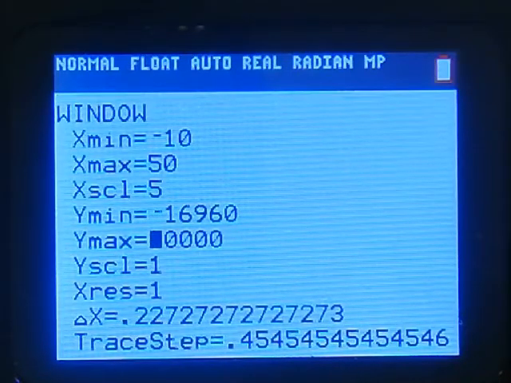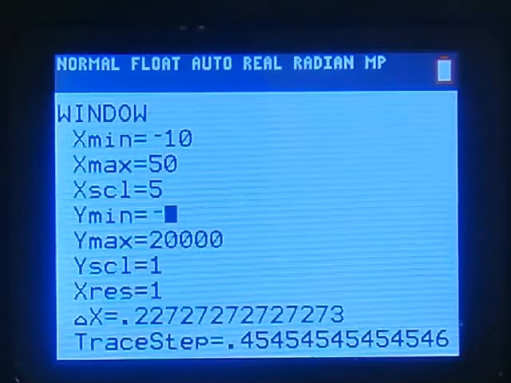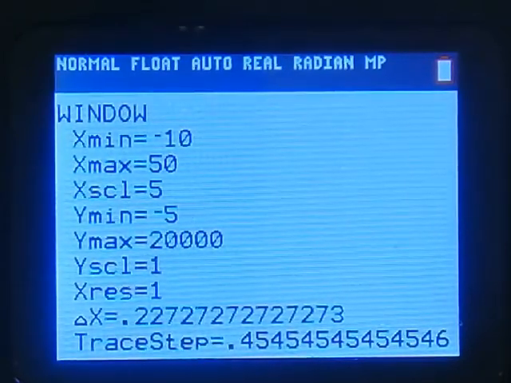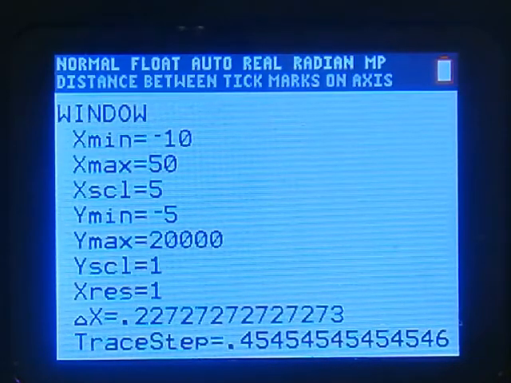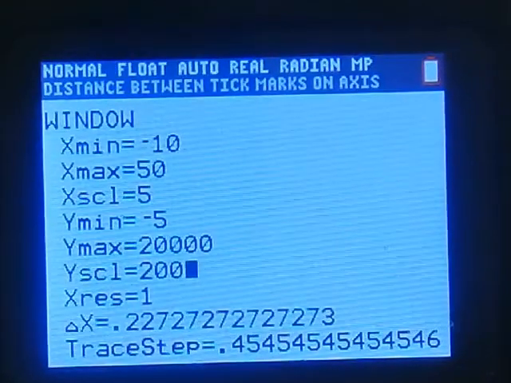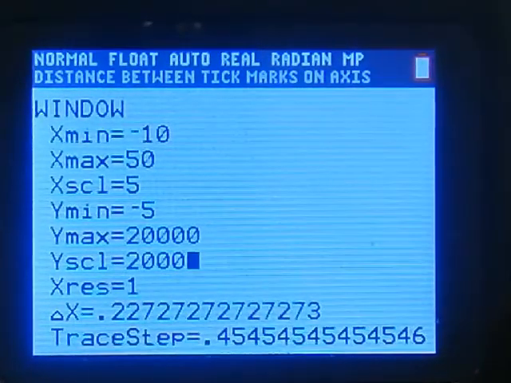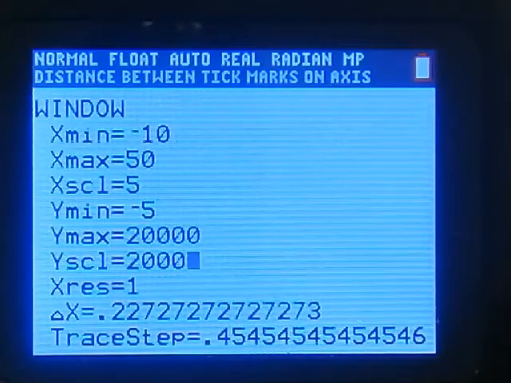And I don't really need to go clear down to negative 16,000 on the Y minimum. Let's just go down to -5, because I'm just interested in positive Y values here according to the story problem. But let's change our Y scale. Let's go by 2000s. That'll give me 10 marks on that scale. All right. If you need to take a good look at that, pause it and change your window so it looks like this.